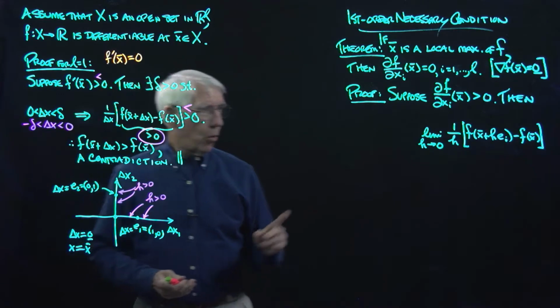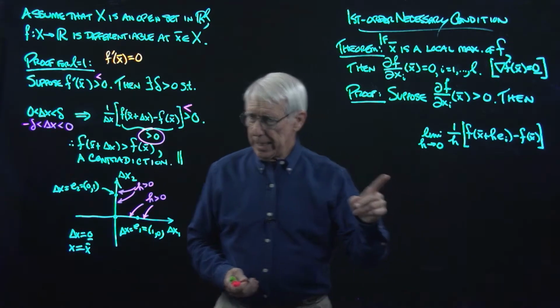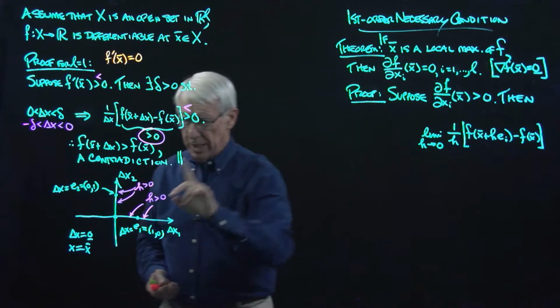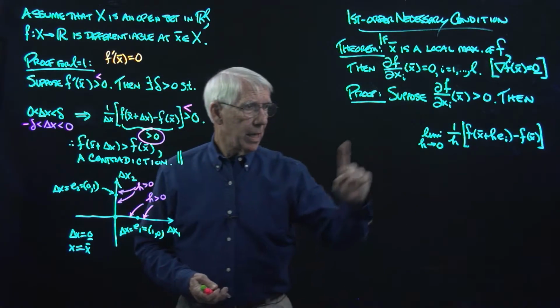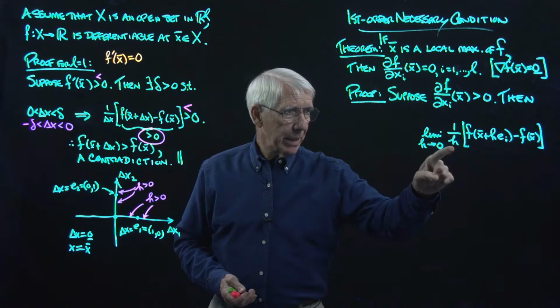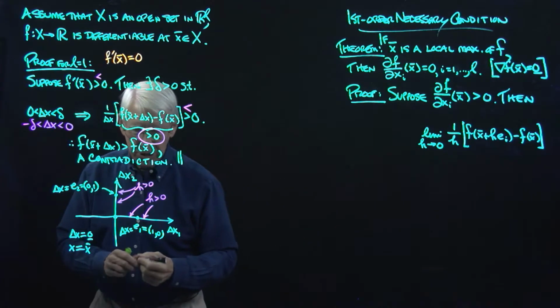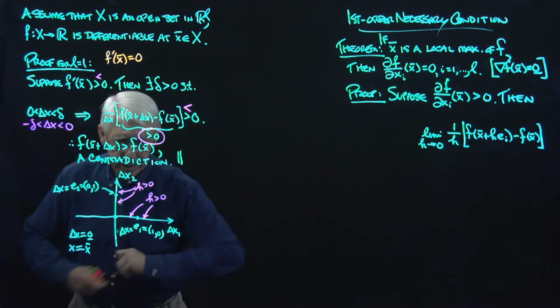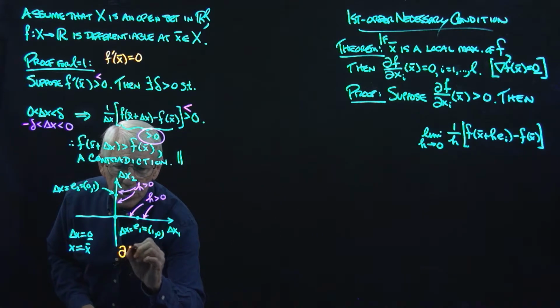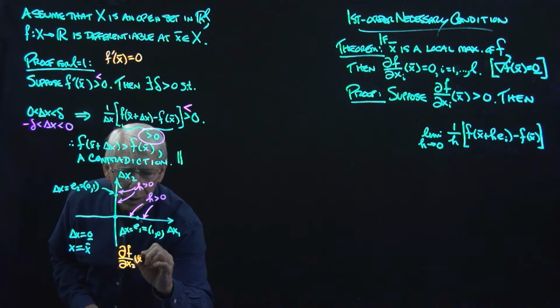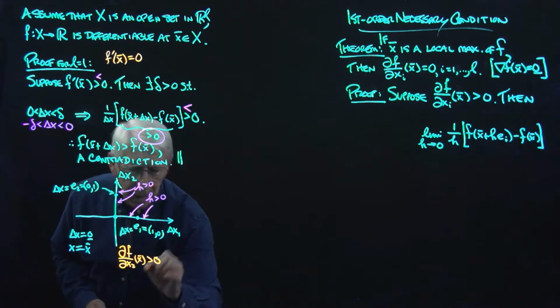And so what we're going to say then is that since the derivative is positive at x bar, that means the limit as h gets small. So let's look at the case where we assume that the derivative with respect to x2 at x bar is positive.